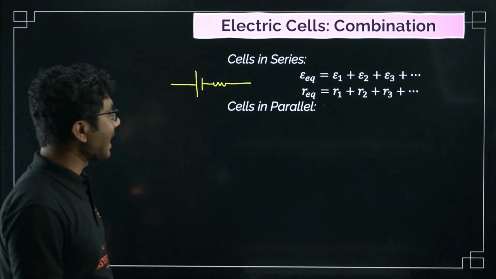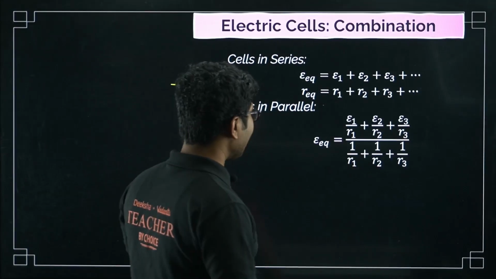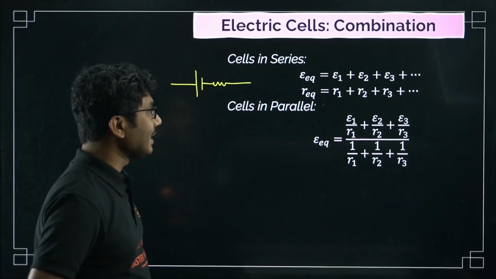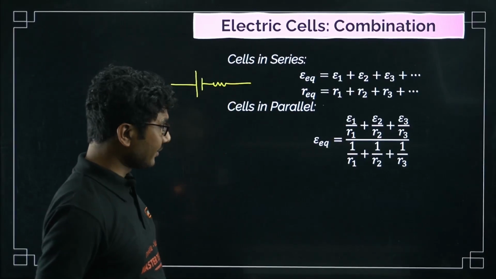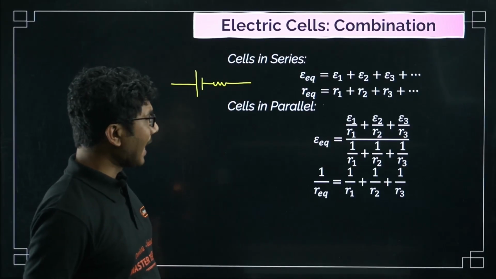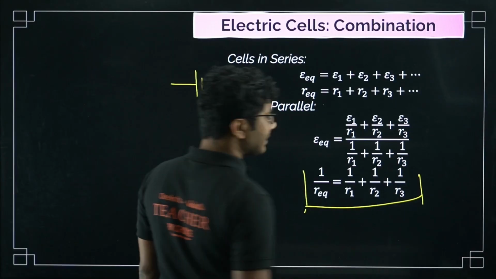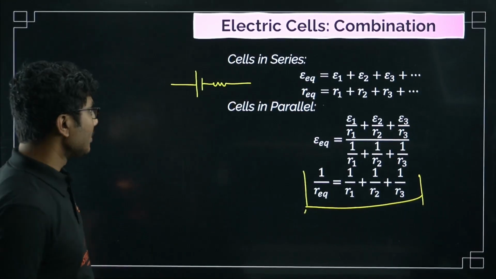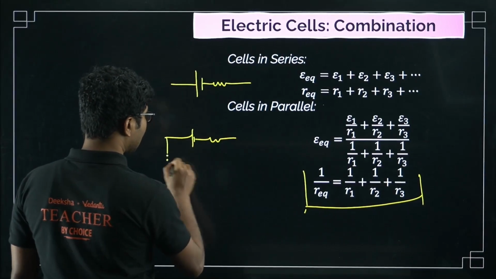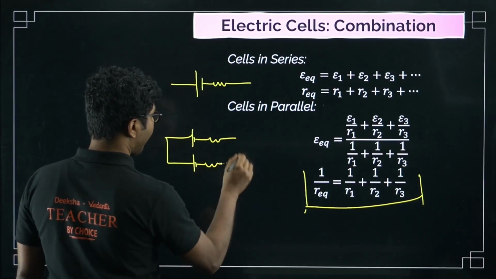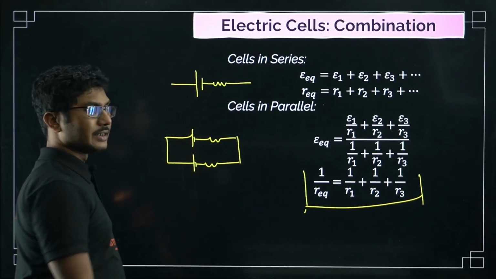Now cells in parallel. When the cells are connected in parallel, the equivalent EMF is given by epsilon 1 by R1 plus epsilon 2 by R2 plus epsilon 3 by R3. And here the equivalent resistance is basically like all the resistances connected in parallel. So if you connect cells in parallel, this will be the case, cells in parallel, and this is cells in series.